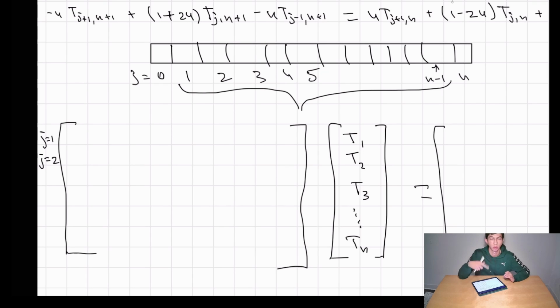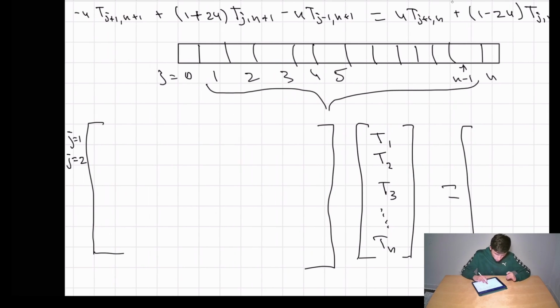And when j is equal to 1, we're considering T2, temperature at j equal to 2, temperature at 1, and temperature at 0. Okay, and we know the coefficients for that, right?